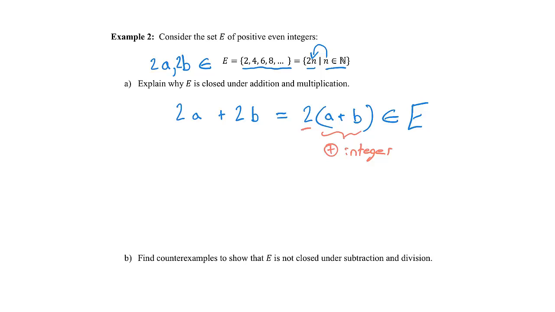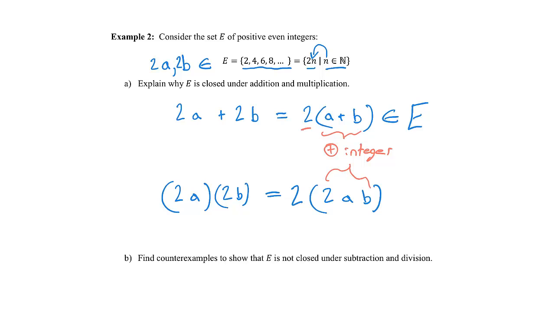Let's try the same thing for multiplication. If we take 2a and multiply it by 2b, we can write our result out as 2 multiplied by 2ab. Just as above, what we have is a positive integer represented in the brackets.